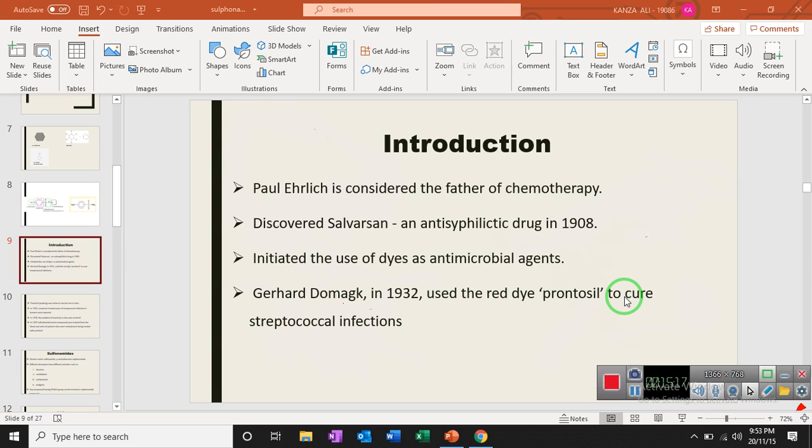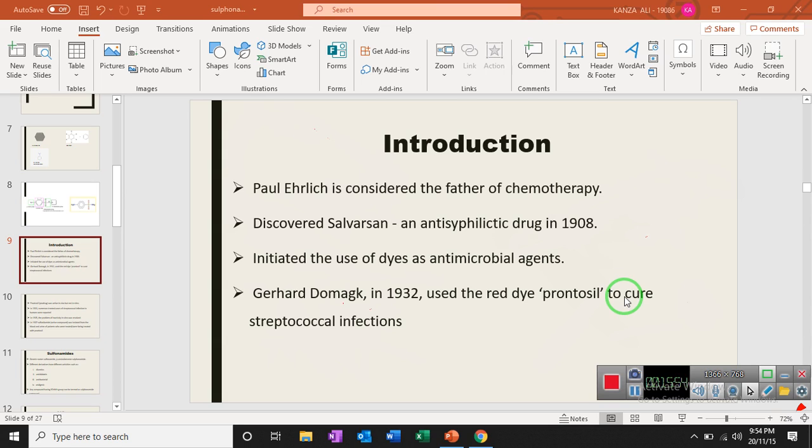What is a dye? The dye is a coloring substance. These coloring substances were used to color different things, maybe clothes. And you know, one of the pioneer manufacturers is BASF, and that company still exists.